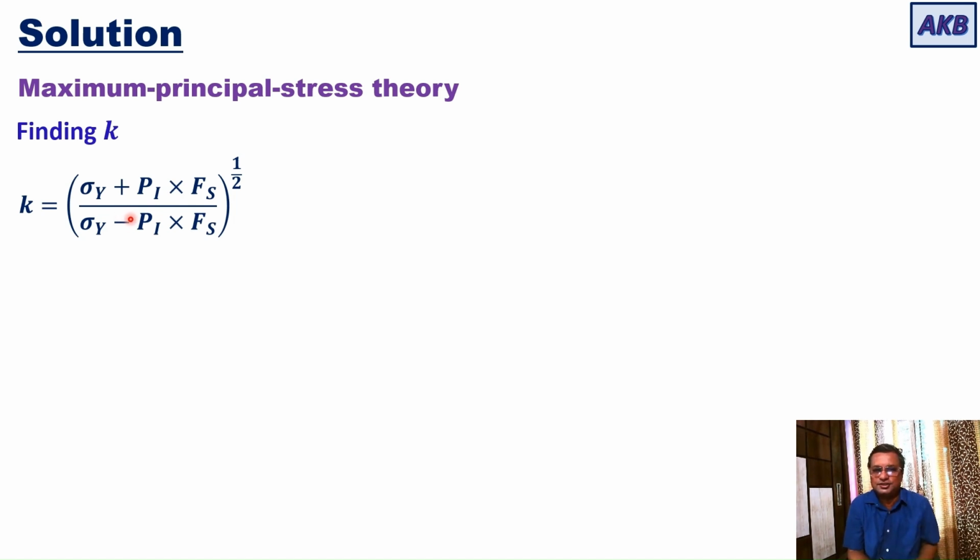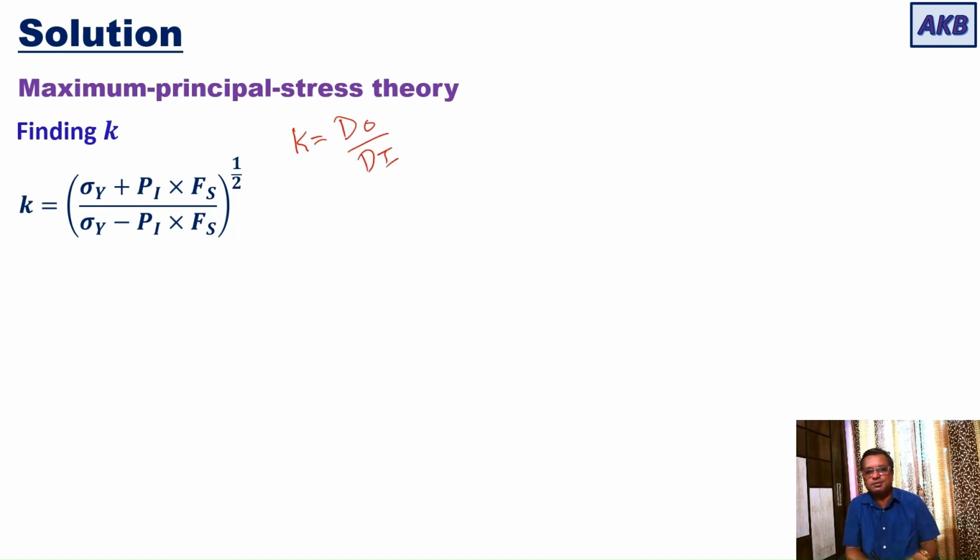The link is in the description section. Please watch it. Over here I am directly using that equation. K is the ratio of outer diameter to inner diameter, so K is equal to do upon di.